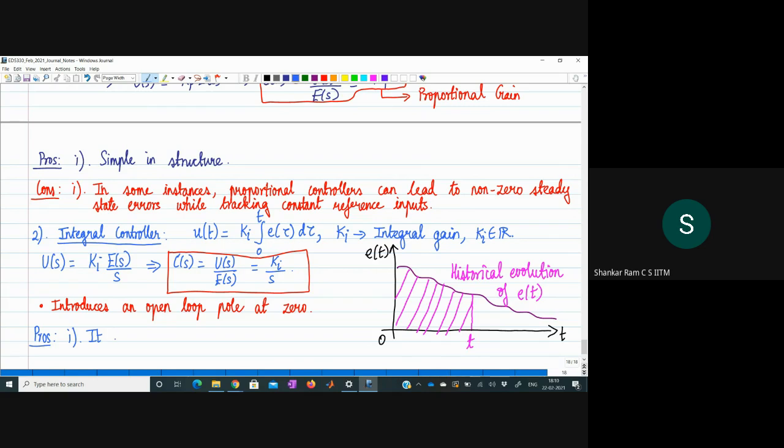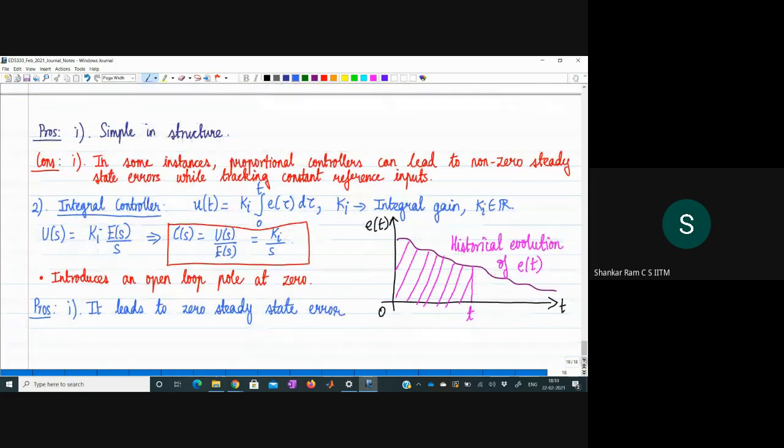Essentially, the use of an integral controller leads to zero steady state error, at least in theory, while tracking a constant reference.